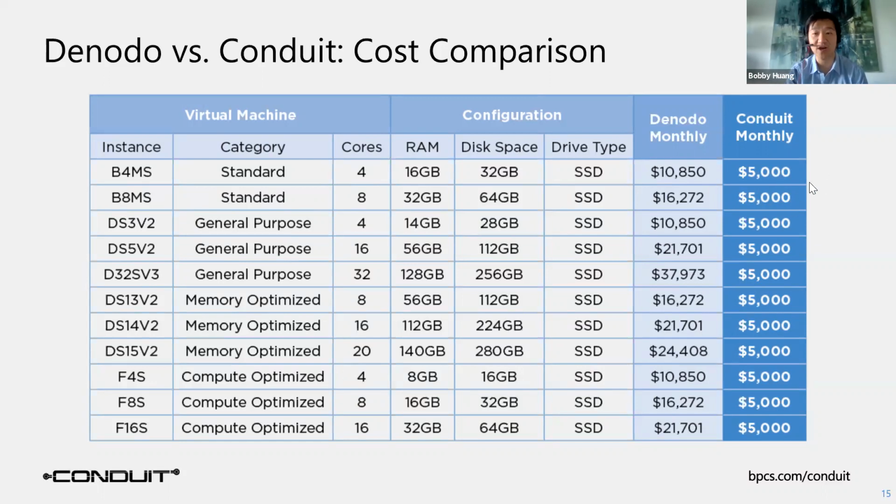So why would we charge you more? Because you want to run a query at a faster speed, so we should charge you more money? That doesn't make any sense. So we just kept our pricing flat, and you get everything that I just talked about all in one price. Even if you want to attach Conduit to a Databricks cluster, as long as it's one license, it's the same price.